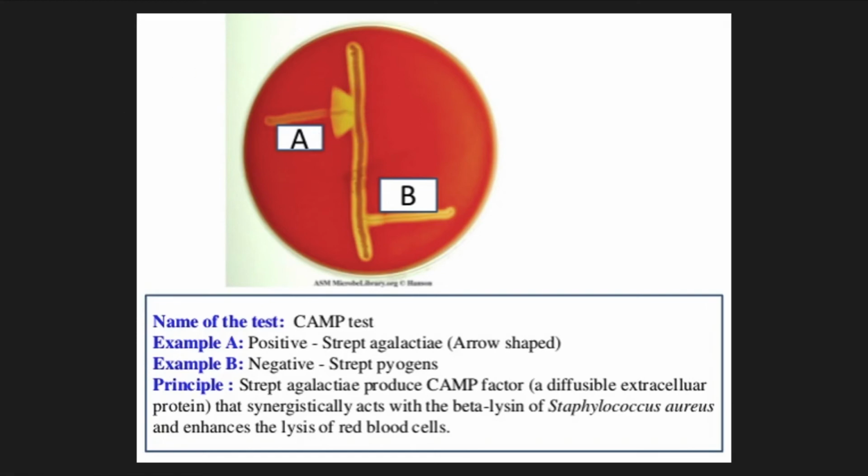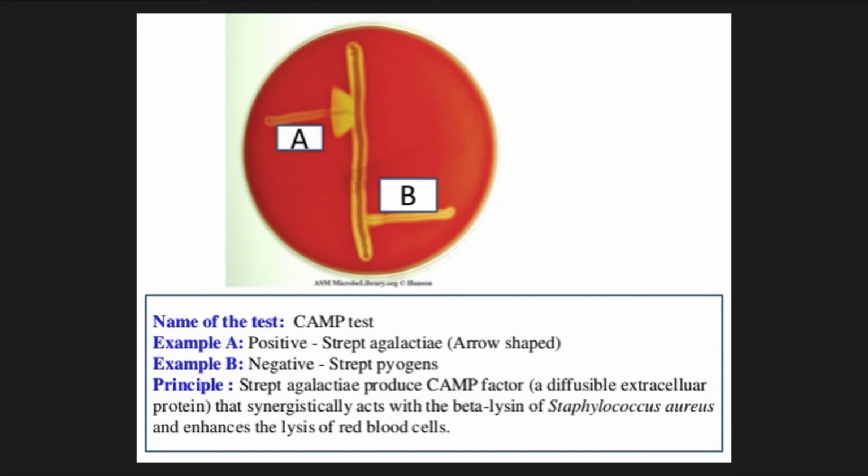It's because of the CAMP factor that Streptococcus agalactiae offers, and that's also because of the beta lysine offered from Staphylococcus aureus. So that's why A looks like that. That's why that arrowhead forms right there, and that's also why B is negative. Staphylococcus aureus is still offering this beta lysine, just like it is to Streptococcus agalactiae.